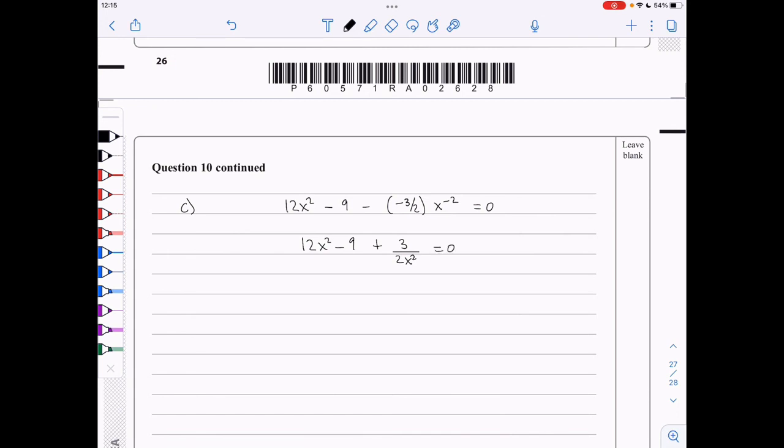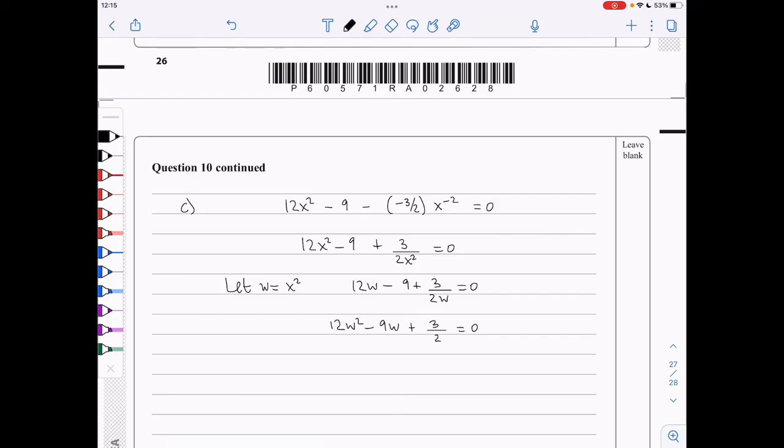Now this is a disguised quadratic in x squared, so I could let w be x squared to see things more clearly. 12w minus 9 plus 3 over 2w is equal to 0. I will multiply throughout by w to get 12w squared minus 9w plus 3 over 2 is equal to 0.